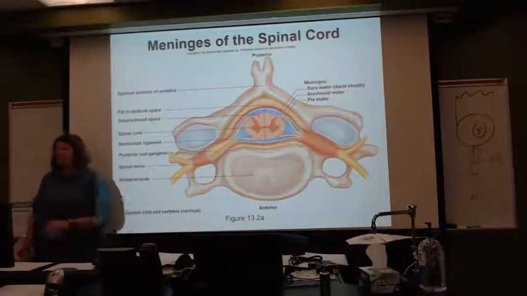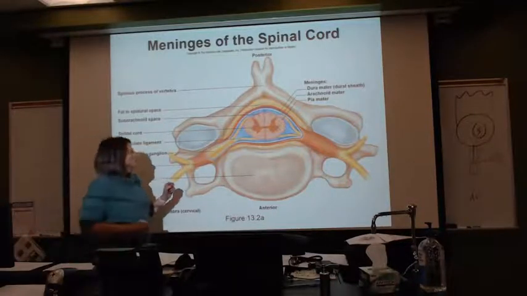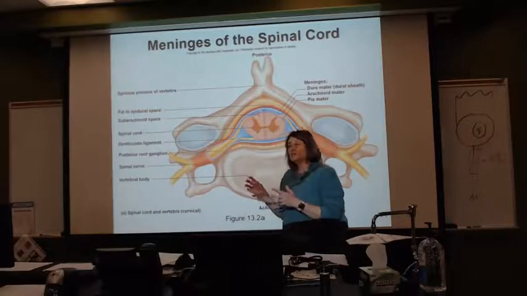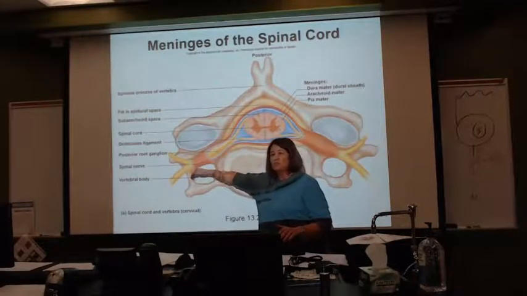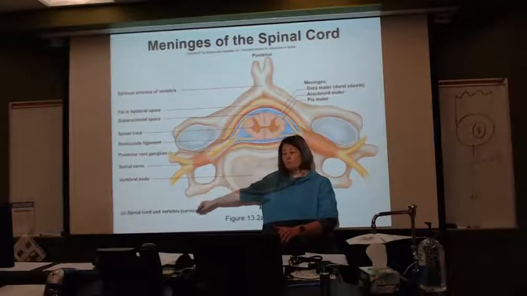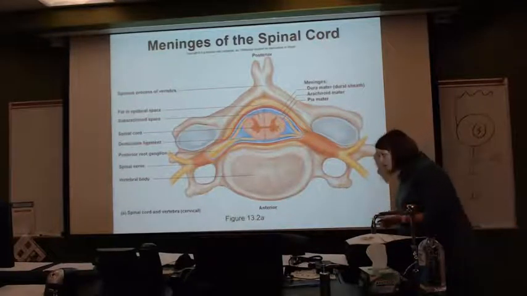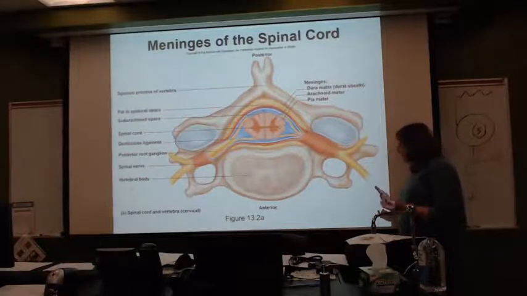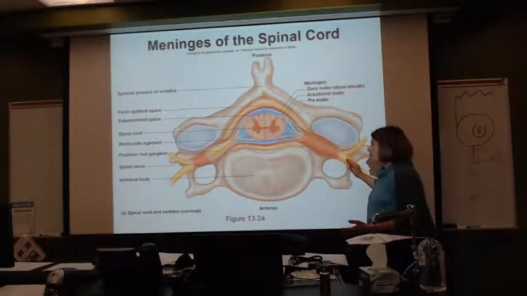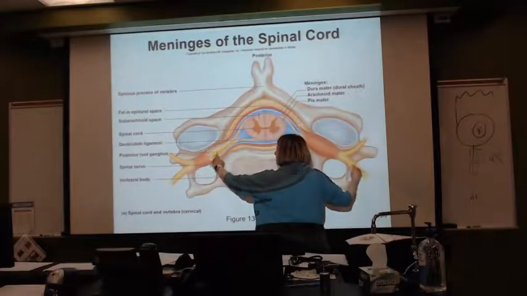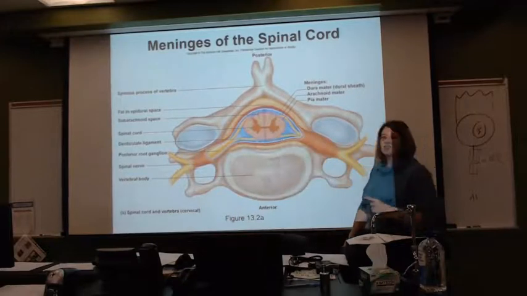Okay, so we have this posterior root ganglion, a whole bunch of nerve cell bodies, and the axons actually get to do that exit. Now, as we look at my spinal nerve represented here, and we see it come in on both sides, what do you see it do?